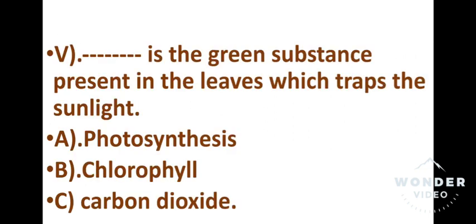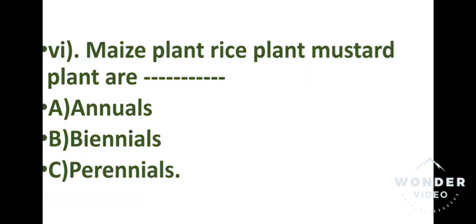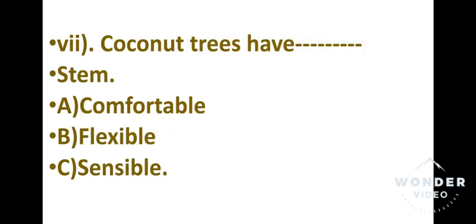Dash is the green substance present in the leaves which traps the sunlight. Maize plant, rice plant, mustard plant are dash. Coconut trees have dash stem.